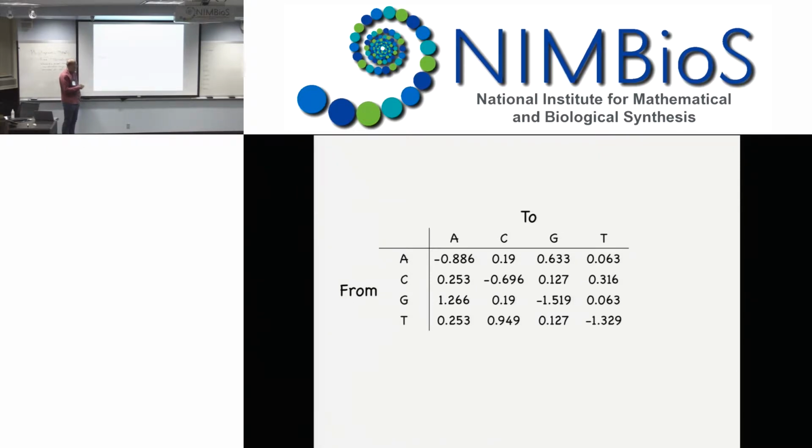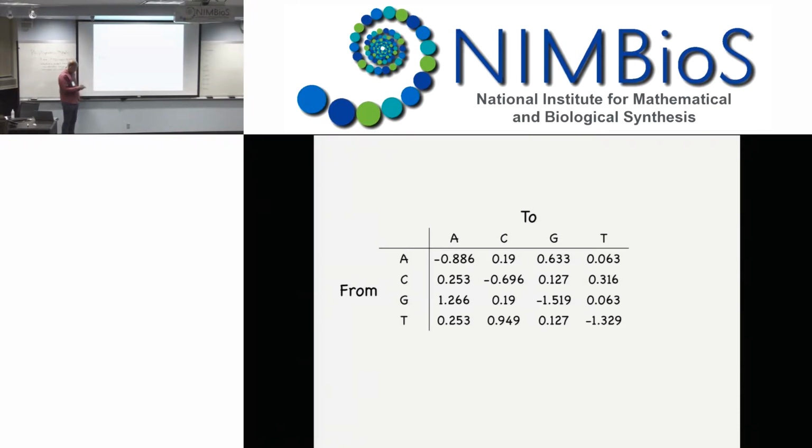For instance, the rate of change from C to A is 0.253. Where did I get that number? Don't worry, I just chose it. And the rate of going from A to C is 0.19. This would be the arrow right next to that arrow. So if you look at this table, there are 12 positive numbers in the off-diagonal parts. Those are the numbers that correspond to the 12 arrows I showed you on the previous slide.